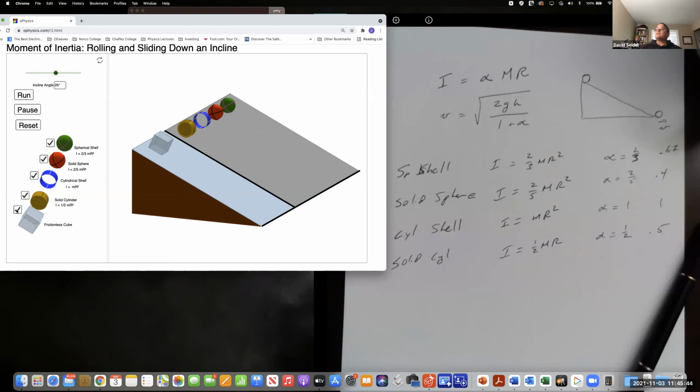The frictionless cube will hit before the solid sphere. No energy goes into rotation. It all goes into translation. And you can see it clearly hit the bottom first because it all goes into translation. Nothing's going into rotation.